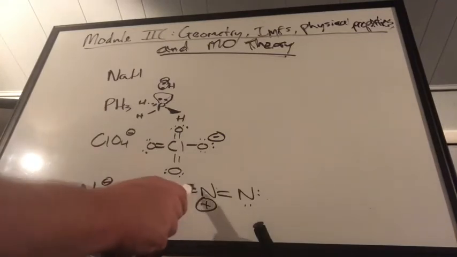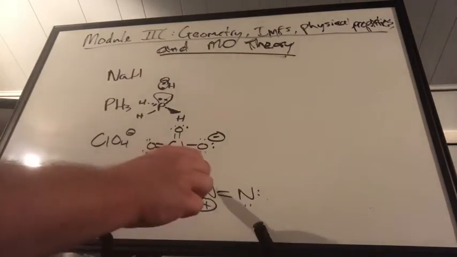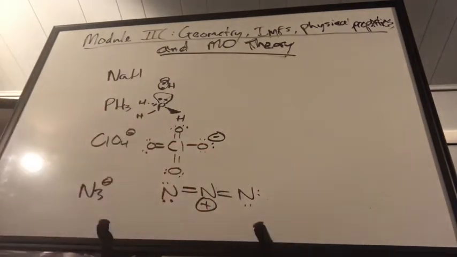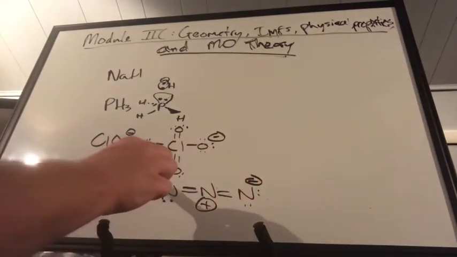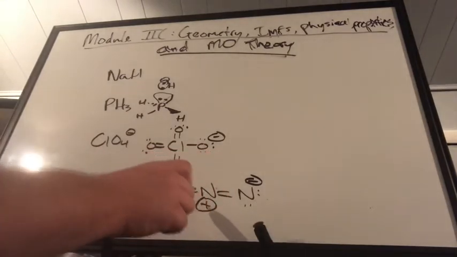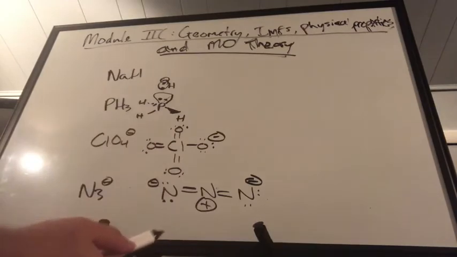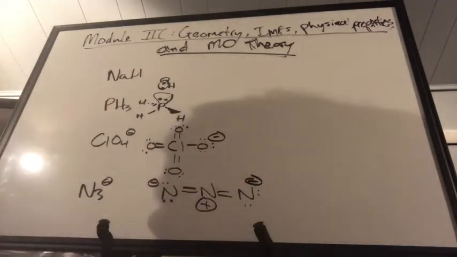We have two double bonds between each nitrogen, so we have a full octet about each nitrogen, but we're not going to have a lone pair on the middle one. One of these oversteps the charge limit, so there's a negative and a positive that cancel out to net neutral, and there's a negative anion on the other side.